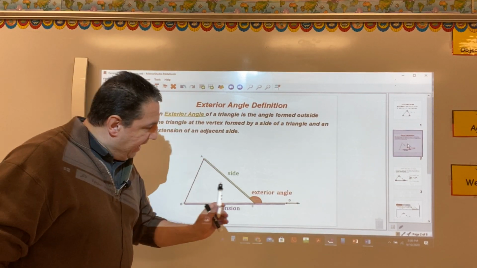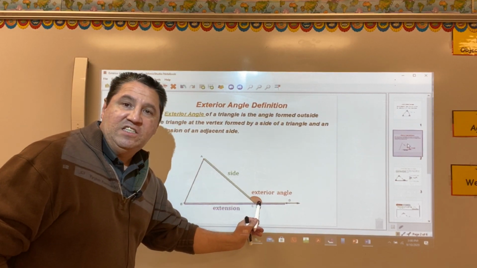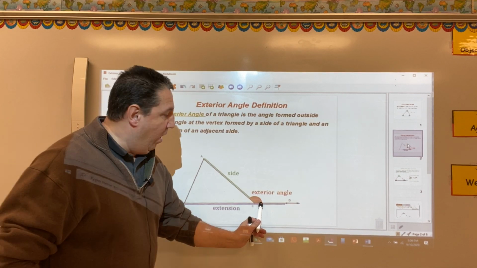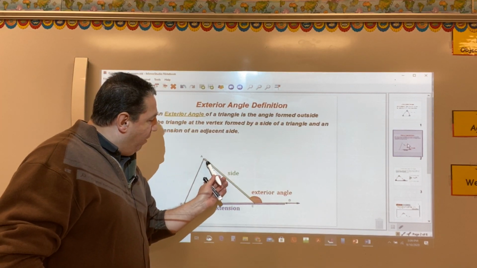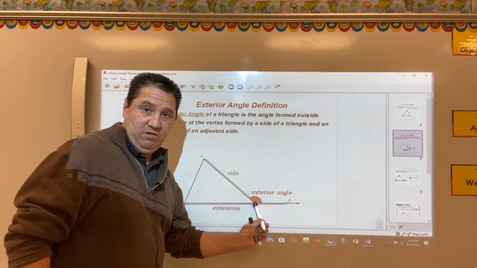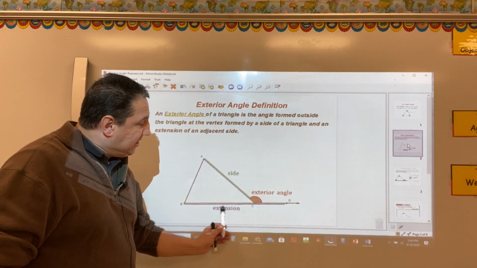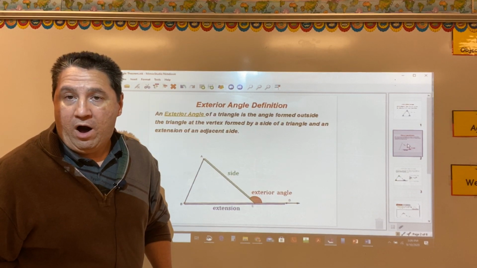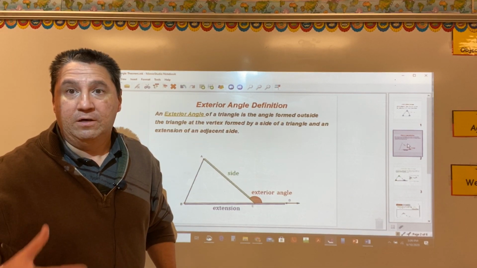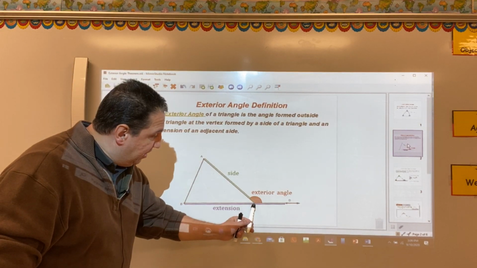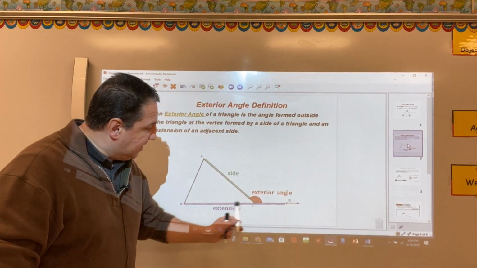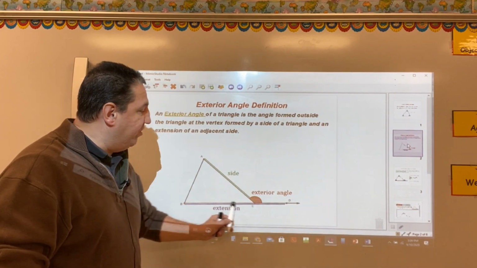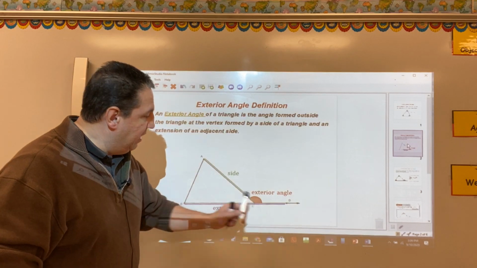For example, this angle is an exterior one. Why? Because it's formed by a side of the triangle and an extension of the other adjacent side. Do you see this portion? It is an extension of this side.